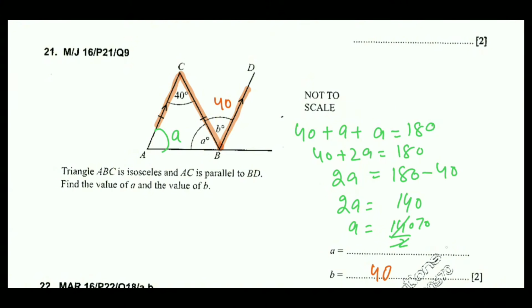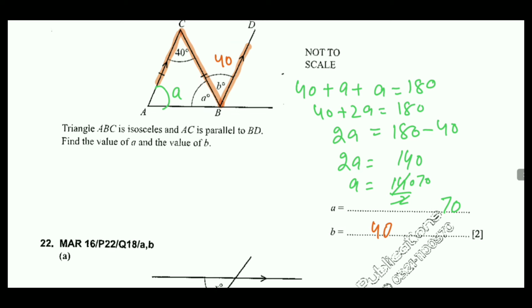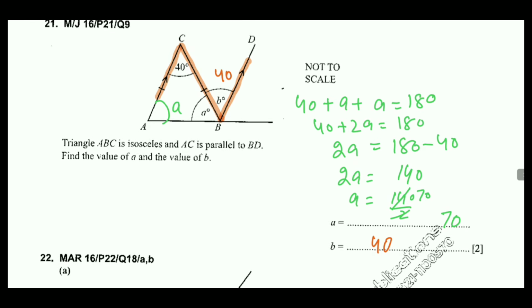So 70 is the value of A. So we have used here alternate angles property like Z property and isosceles triangle property and angle sum of a triangle property.